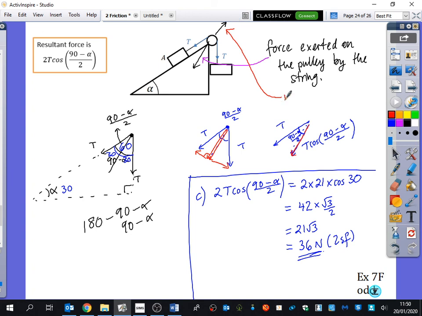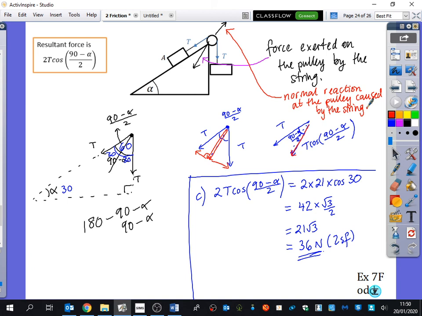Good. This is the normal reaction at the pulley caused by the string.